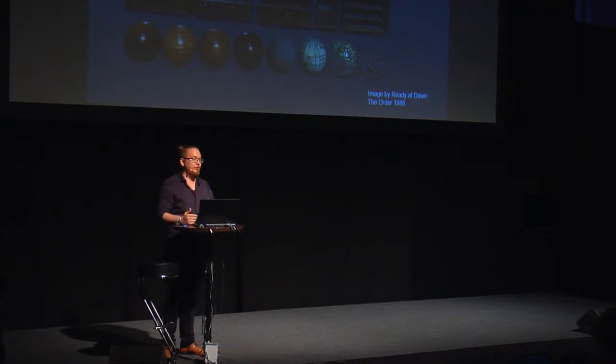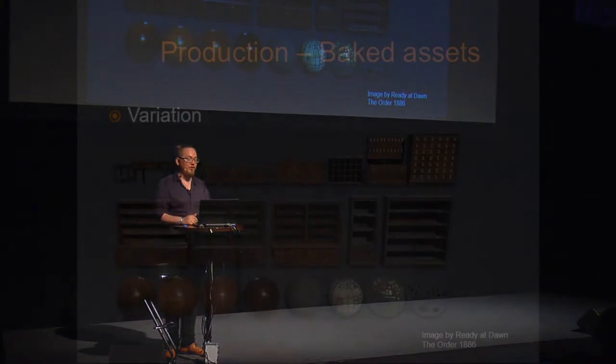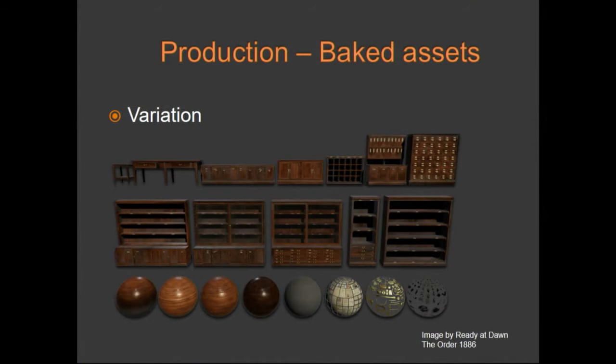And this again leads to a large number of variations with a really limited amount of materials and assets. So here you can see different bookshelves and desks done using the same assets and same workflows mentioned before, as well as the tiling materials used to create these assets below.